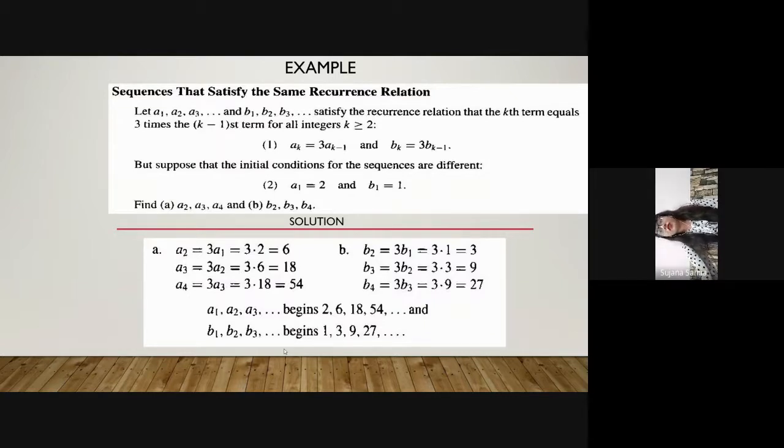Thus we can find a2, a3 and a4. Using the initial condition a1 is equal to 2, we multiply 3 by 2, which is equal to 6. In this way we can find a3 and a4, and likewise b2, b3 and b4.